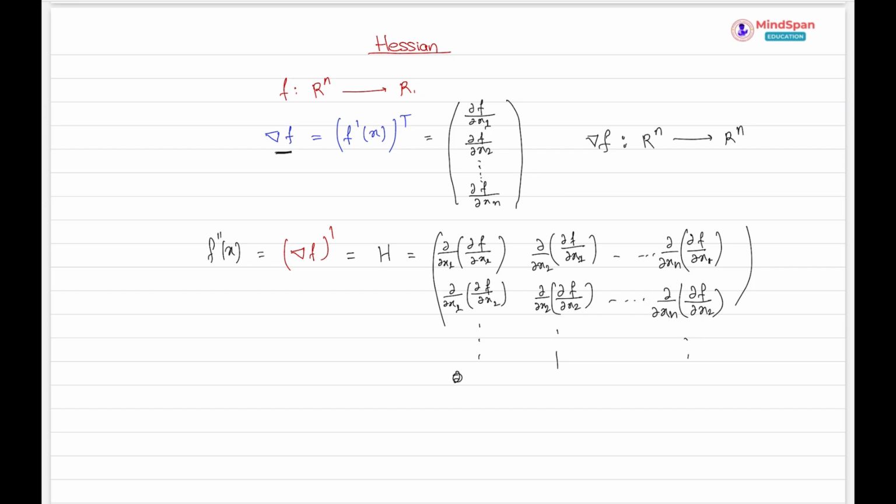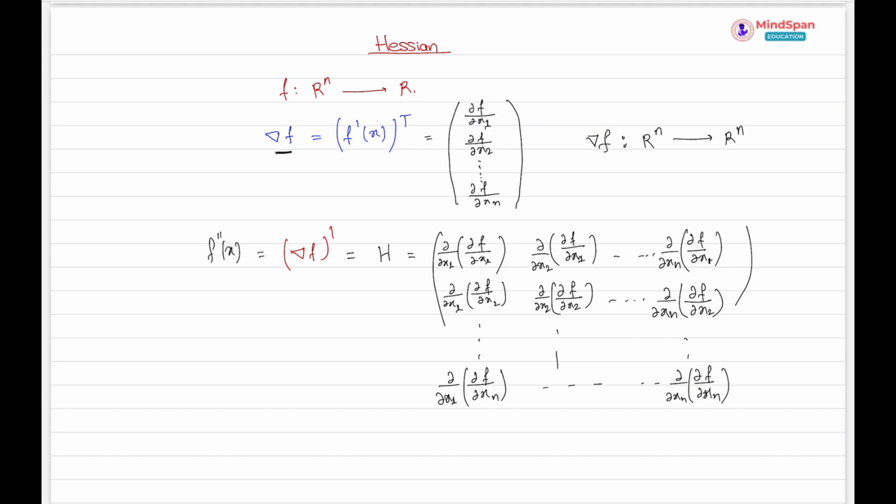So here what is the function? We have this function del f del n, and you will take the partial derivative with respect to the variable x1, right? And here you have the function del f del n, and you will do the partial derivative with respect to the nth variable, right?